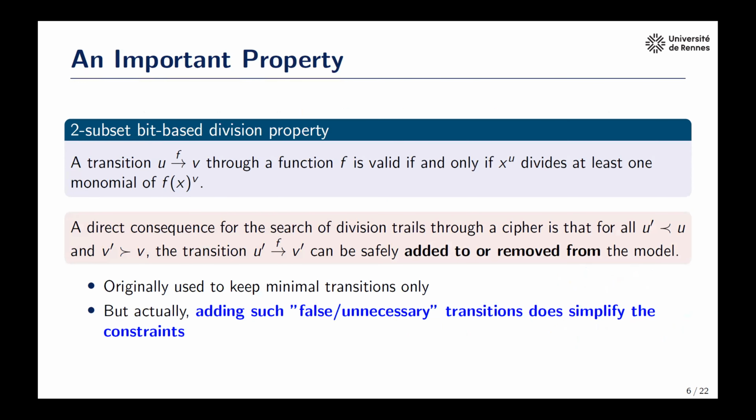First, we used an important property of the two-subset bit-based division property, which is that if we have a valid transition (u, v), then there are a lot of other transitions (u', v') that can be safely added or removed from the model, meaning that adding or removing them will not affect the validity of the model.